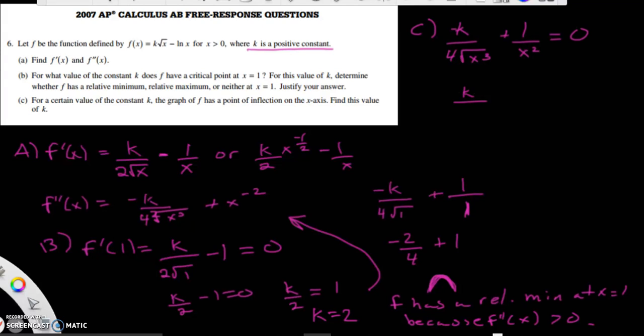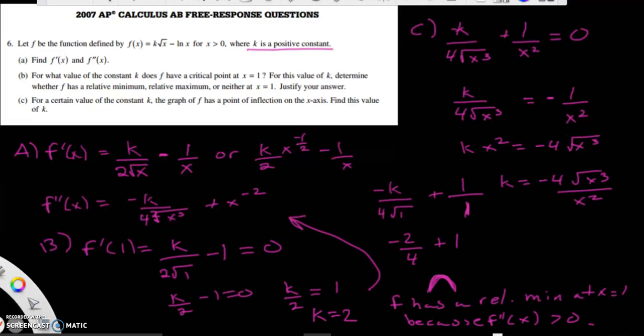We're going to get k over 4 root x to the 3rd equals negative 1 over x squared. So now we're going to cross multiply. We get k x squared equals negative 4 cubic root of x squared. So now we get k equals negative 4 x to the 3rd over x squared.